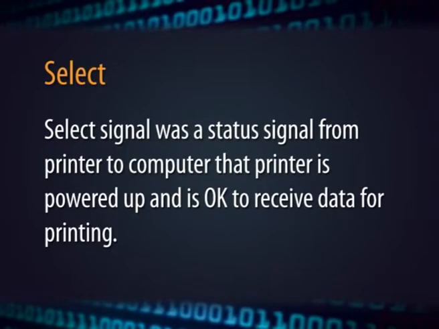Busy signal was monitored by the computer and when found true, the computer would wait for it to become false. This ensured that a very high speed computer could work with a very low speed printer reliably without any loss of data. Select signal was a status signal from the printer to the computer that the printer is powered up and is OK to receive data for printing.